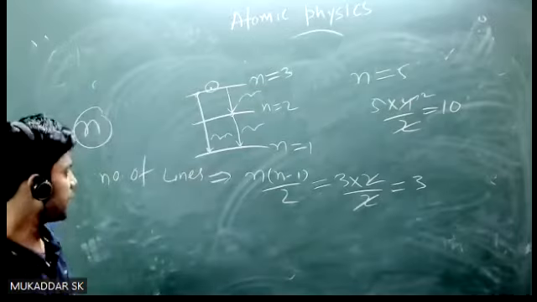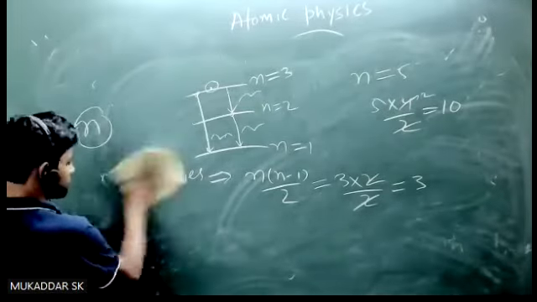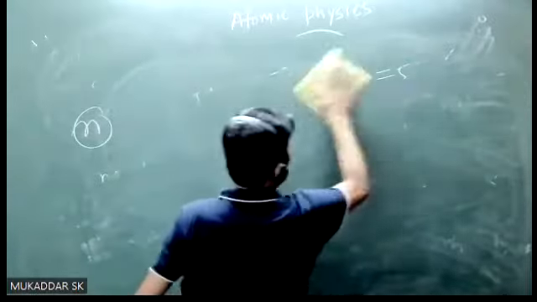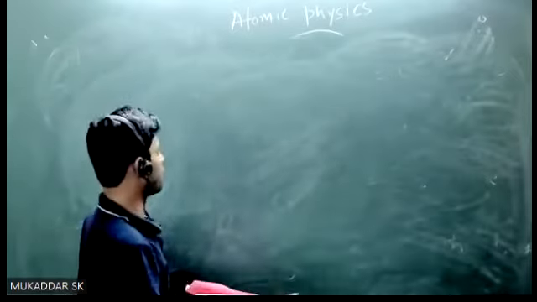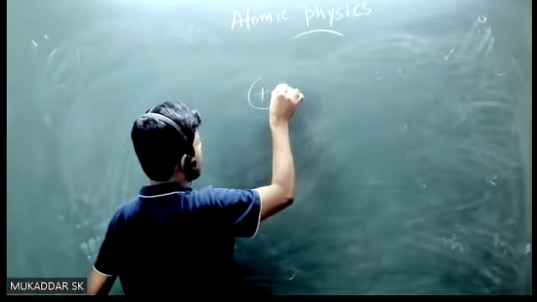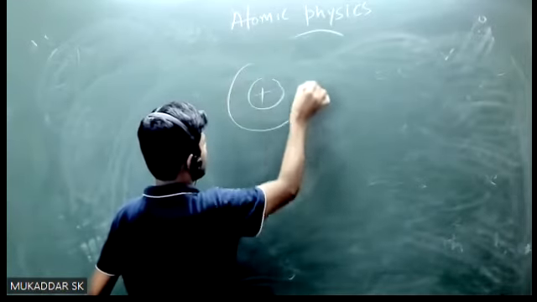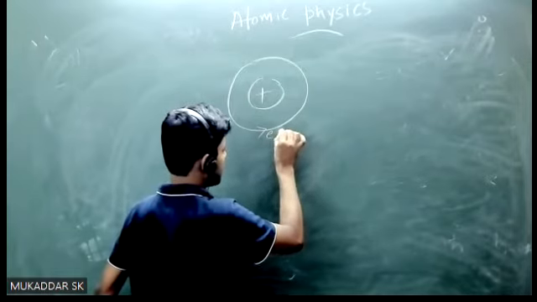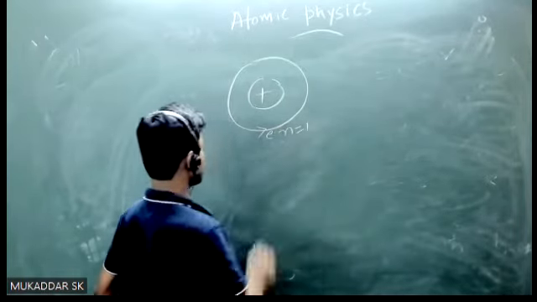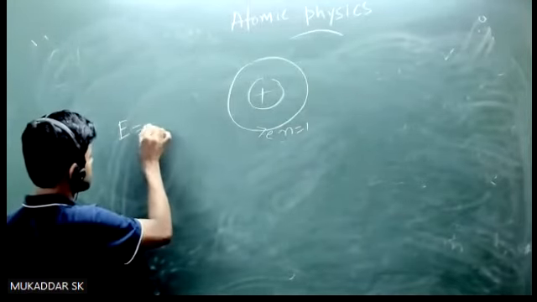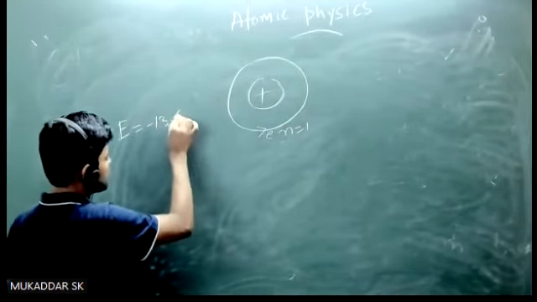If we draw the picture, it will be clear to all. You have a hydrogen atom. The proton is sitting here and the electron is initially in the ground state, at n equals 1. Its energy will be minus 13.6 electron volt.